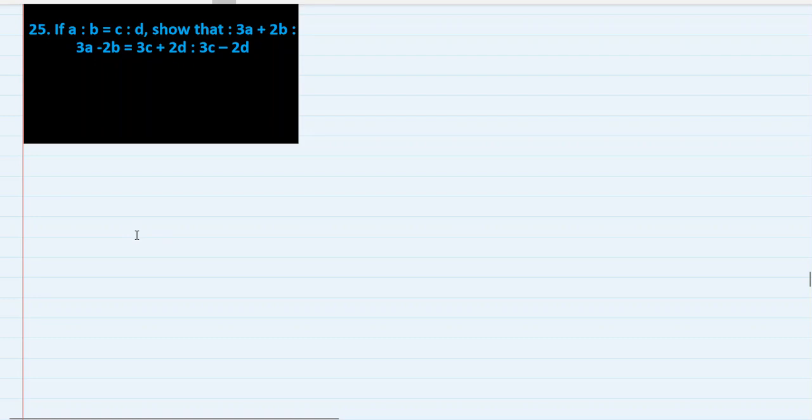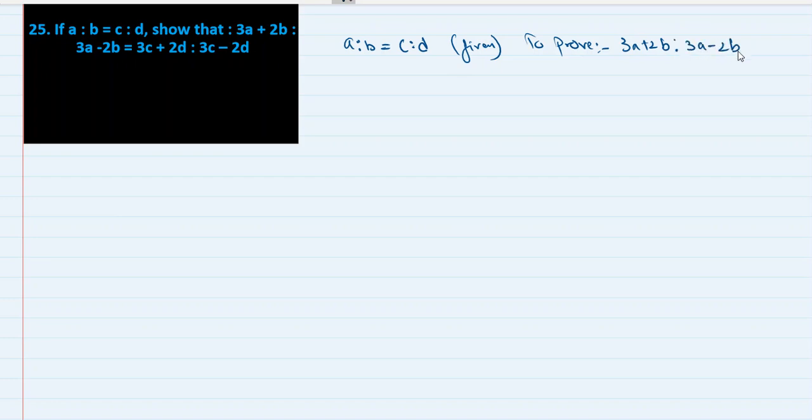So the question says, if A is to B is equal to C is to D, show that 3A plus 2B is to 3A minus 2B is equal to 3C plus 2D is to 3C minus 2D.